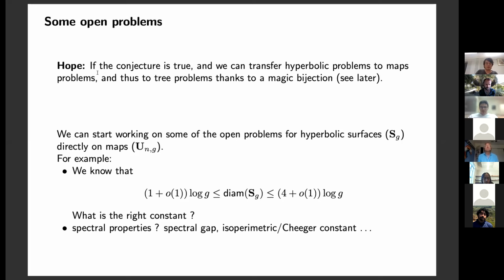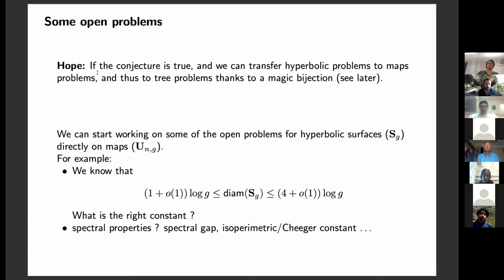And for instance, as an example, in these random hyperbolic surfaces, we know that the diameter is logarithmic, but we don't know exactly the right constant. We know it's between 1 and 4, so the lower bound on the diameter is some deterministic lower bound with considerations on the area. The upper bound comes from spectral considerations.